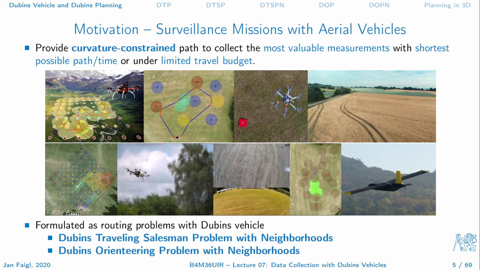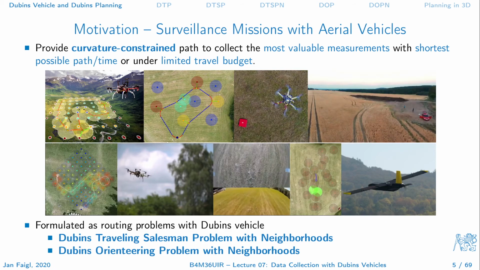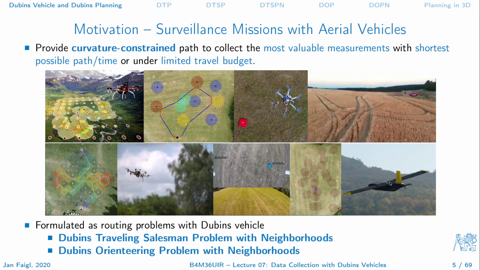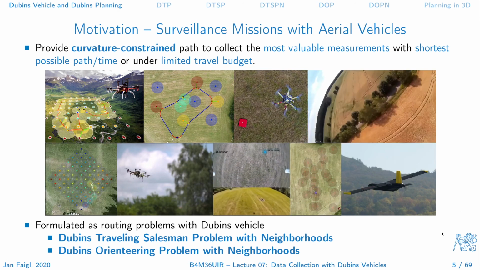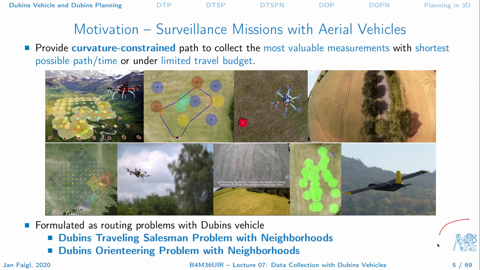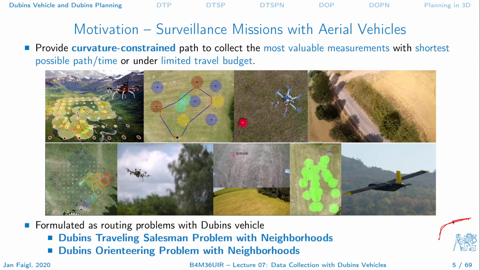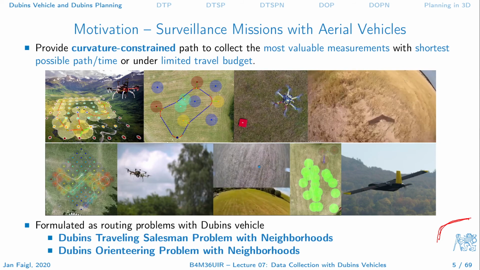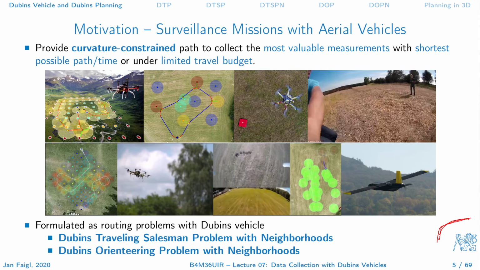That's particularly hard for these multi-rotor drones, but if you consider this fixed wing vehicle, you cannot actually move arbitrarily. You actually need to follow some minimal turning radius to take a turn, which is related to the velocity.